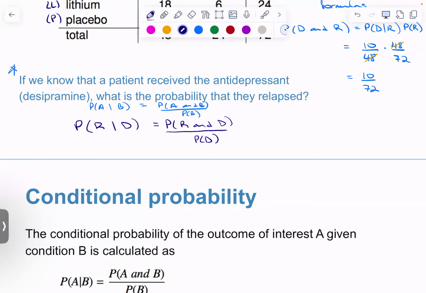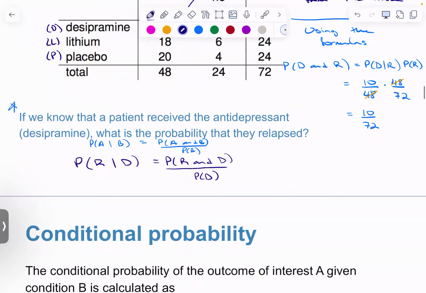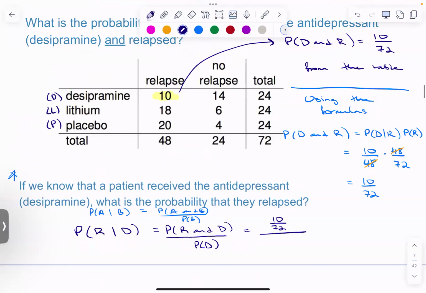From the table, we know the probability of relapse and desipramine is 10 overall out of the 72. And so this becomes 10 over 72 divided by the probability of D. Now that's the probability of being in the desipramine group, which is 24 out of 72.